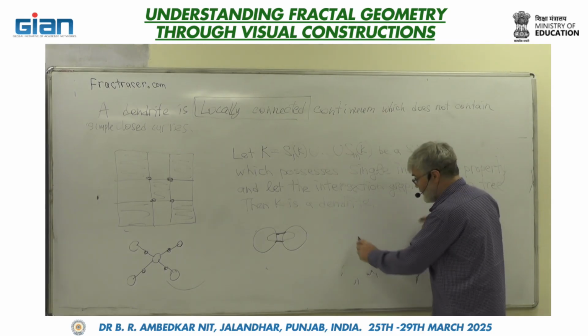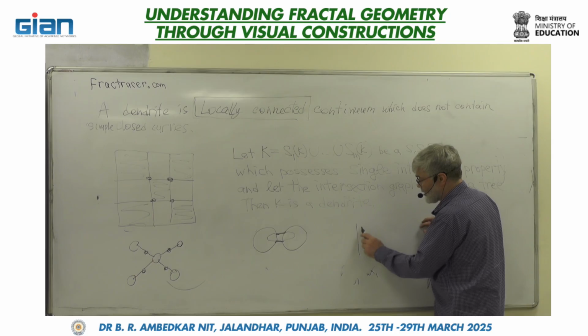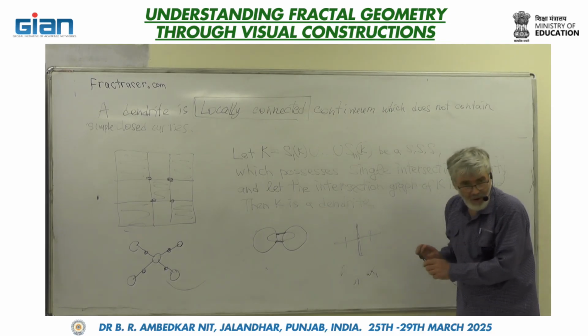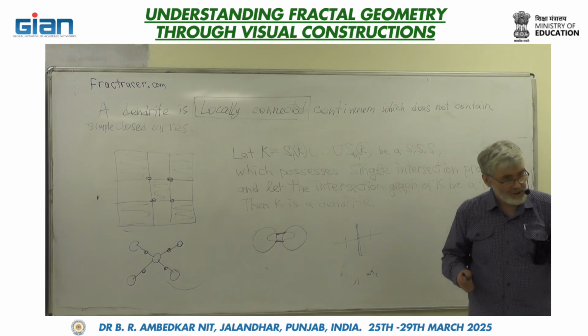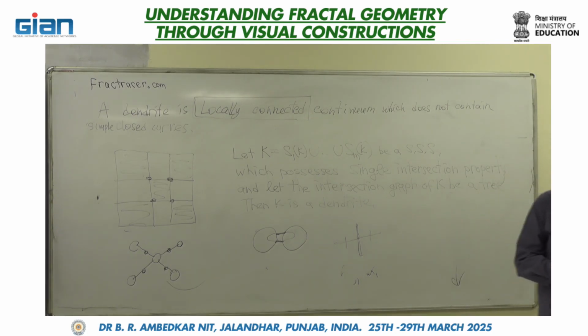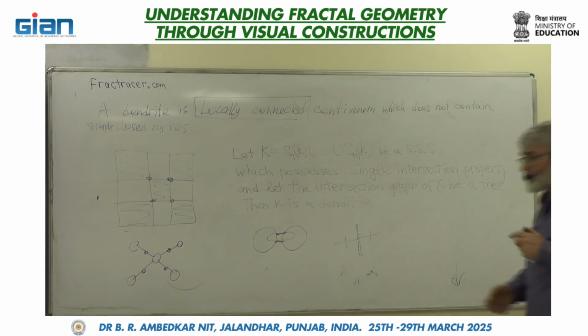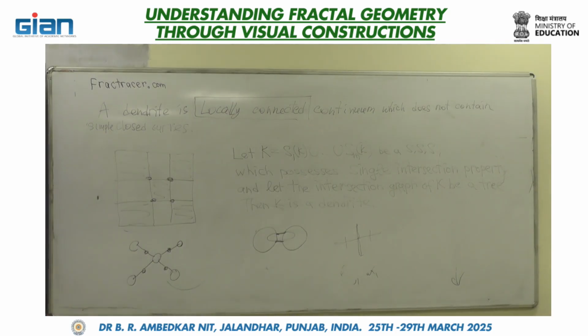The only possibility for copies of a dendrite to intersect is in a line, or in a subdendrite. At first, it seemed to me impossible how to draw a self-similar dendrite whose copies intersect in a subdendrite. But we succeeded in that. I will show you how it was made.